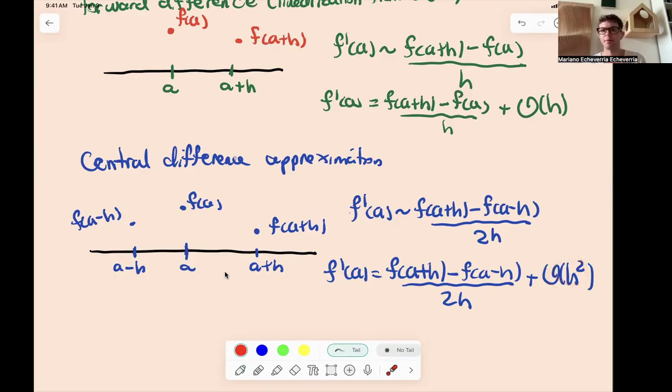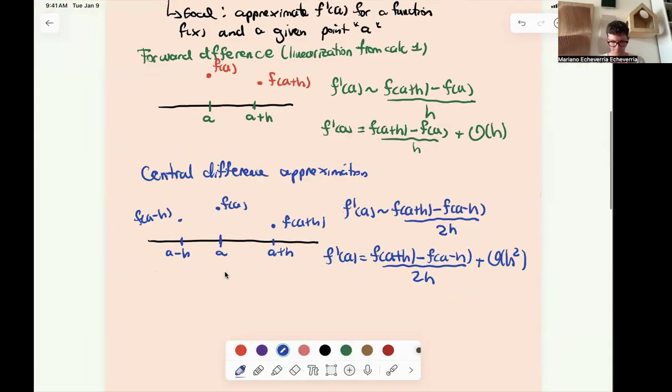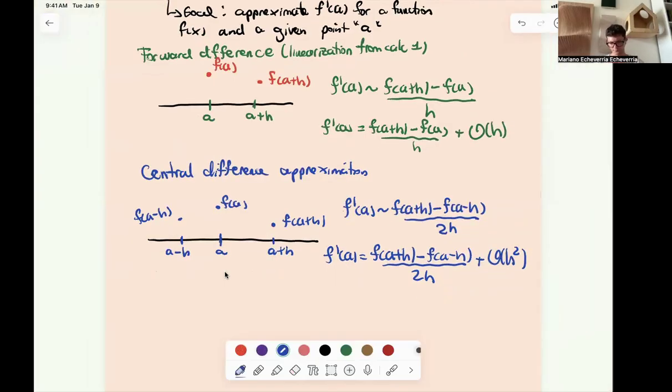They should give a better approximation to the derivative than the first method. Is that making sense?